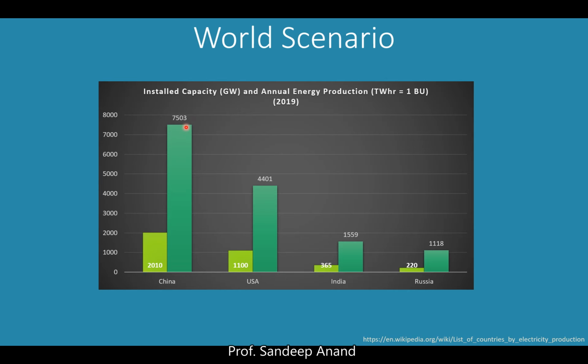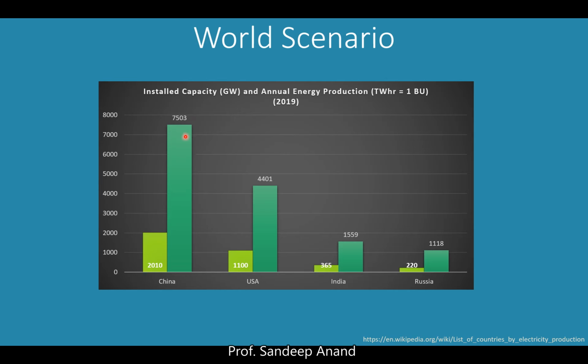In fact, the actual annual energy production is about 40 to 50% of what it could be if all the capacity is running at 24 by 7 at full power. Right? So roughly about 40% of that is the actual energy production annually.